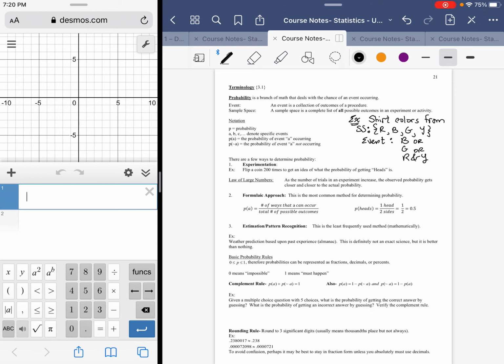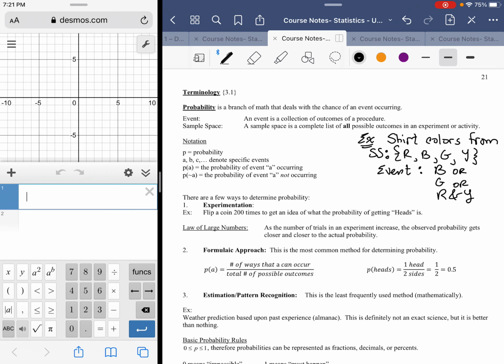We usually use the beginning of the alphabet if we're encoding events: event A, event B, event C, things like that. P of A represents the probability of event A occurring. And that little tilde represents the probability of it not occurring.